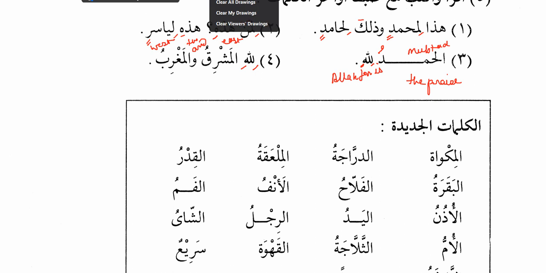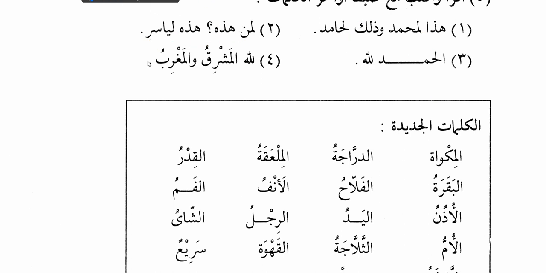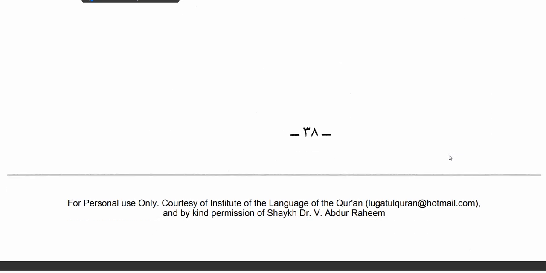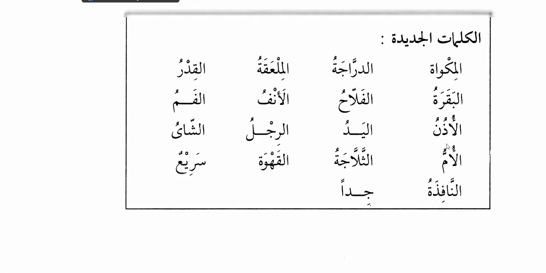Now let's see the meanings coming in this lesson. Kalimat al-Jadida, and I think this is the end of our lesson. Yes. So let's do the Kalimat al-Jadida. What are the kalimas? Al-Mikwah is feminine. Yes, it's iron that I was forgetting. Iron. Daraja, cycle.